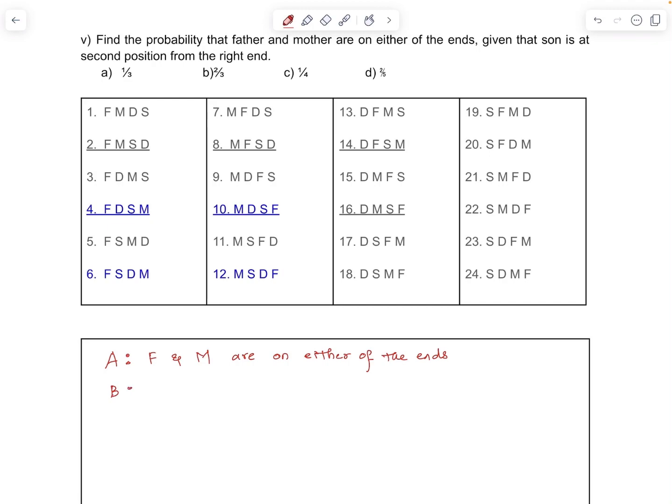And then B be the event where son is at second position from right end. N of A is equal to 4. That is the ones in the blue color. N of B is totally 6. The ones which are underlined.